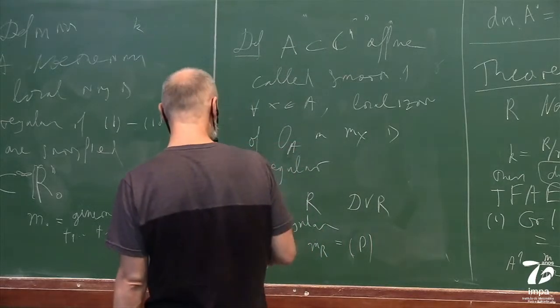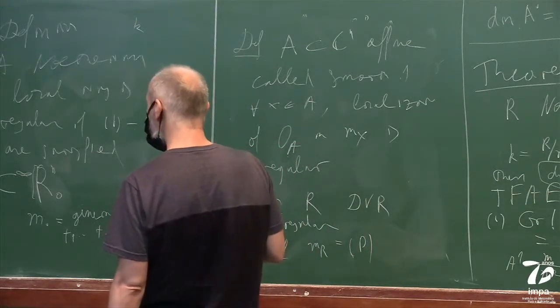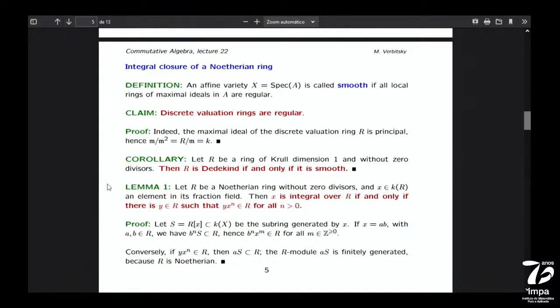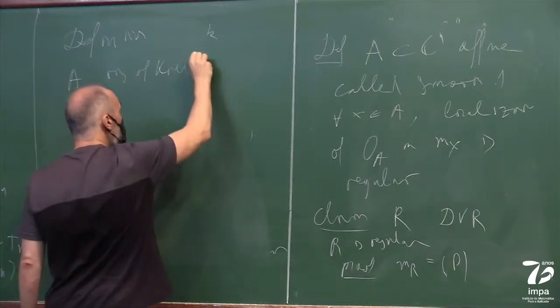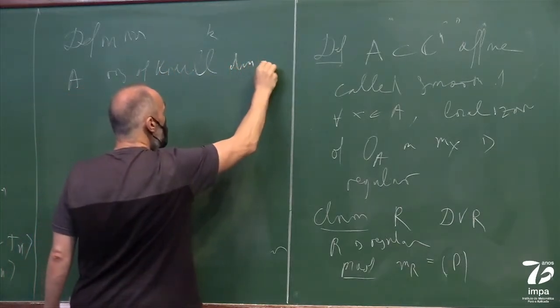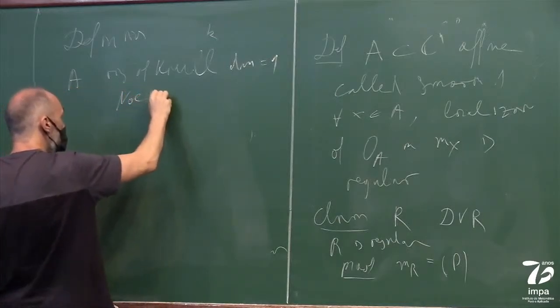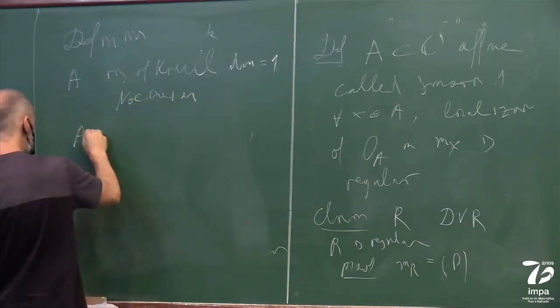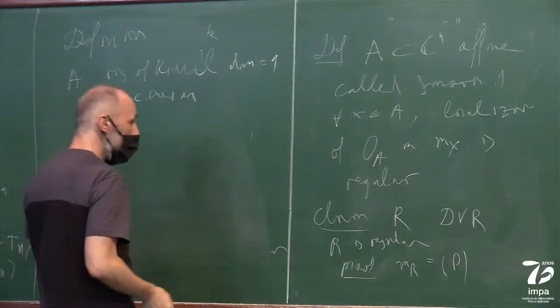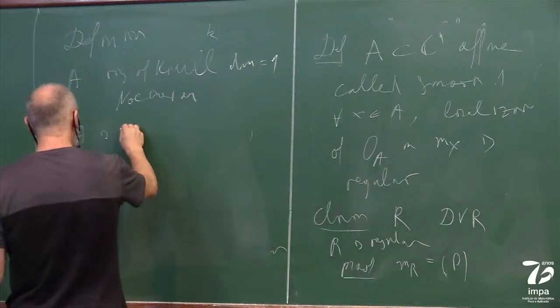And then you can have it for arbitrary Dedekind rings. So if you have a ring A of Krull dimension 1 and Noetherian, then A is regular.